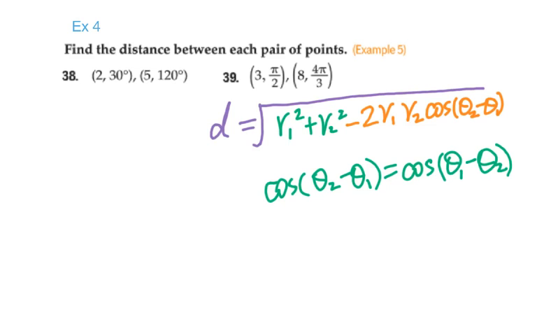Therefore, for the first question, d equals square root of 2 squared plus 5 squared minus 2 times 5 times 2 times cosine of 120 minus 30, which will be 90 degrees.